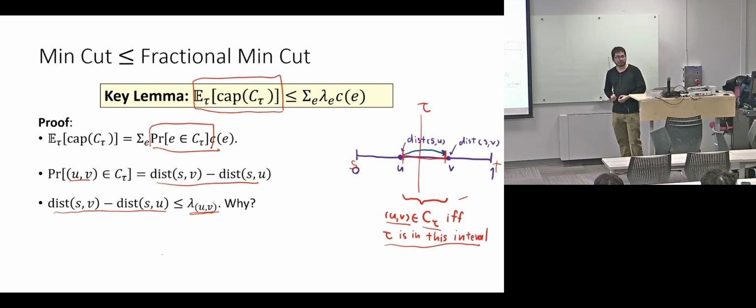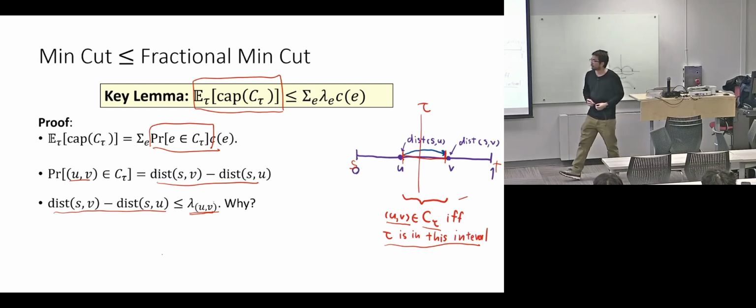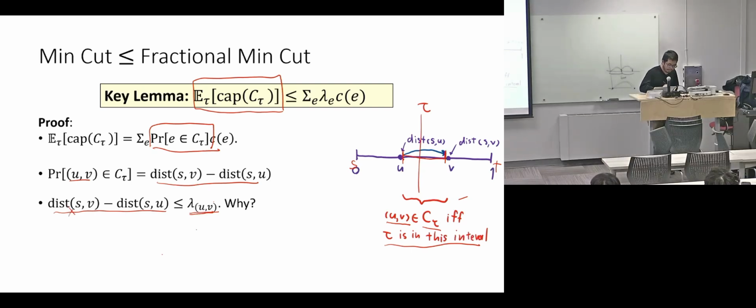It's just the distance. Yeah, it has to cut across an edge. So this is a distance based on lambda, right? And why this is true is just the triangle inequality.